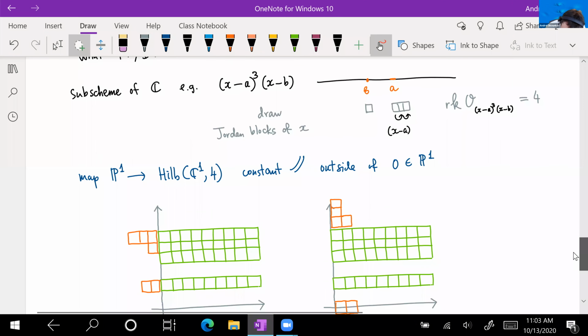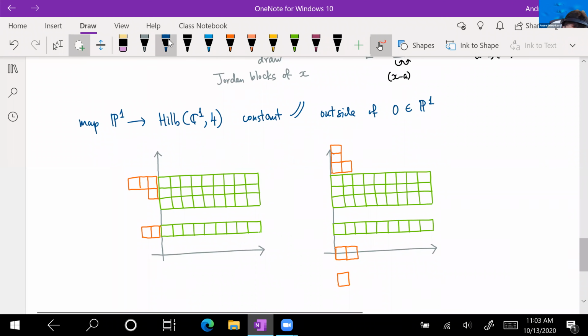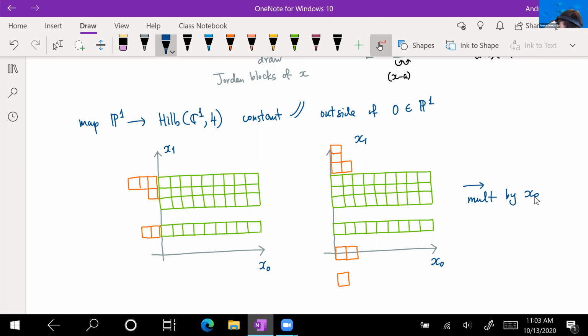And so vertically, maybe this is what was previously x. Maybe I will call it x1, and then I have coordinate maybe x0. And then what's written here are the Jordan blocks of multiplication. This is multiplication by x0, and this is multiplication by x1.